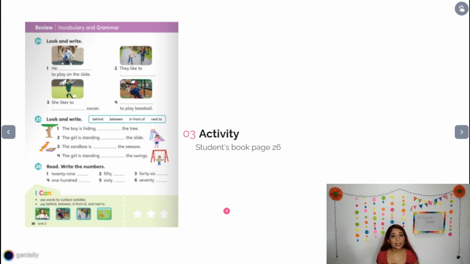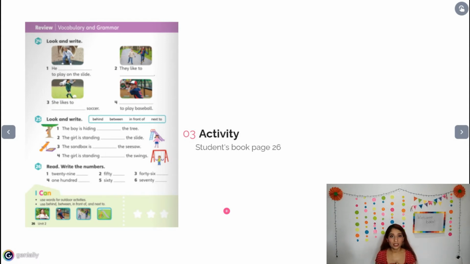What are they doing? This was in the vocabulary. Are they playing soccer? Are they skating? Are they doing skateboard? Are they playing baseball? What are they doing? That is what you are going to write in the blank. Number 3, she likes to. We have likes to, but now we need to complete.